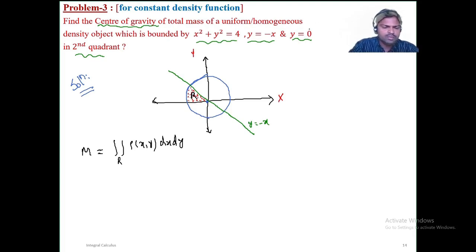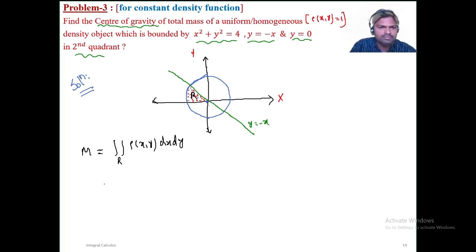Density uniform, homogeneous, or uniformly dense, you take one. Rho of x comma y is equal to 1, you take, including in the problem. So I am taking the density function as 1.